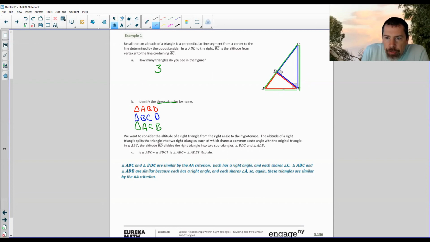And they each have a right angle. This is a right angle in triangle ABD. And the green one is this angle here. So they both have right angles, and each angle shares angle A. So the angle A is in this red triangle, and angle A is in the big green one. So angle similarity criterion.